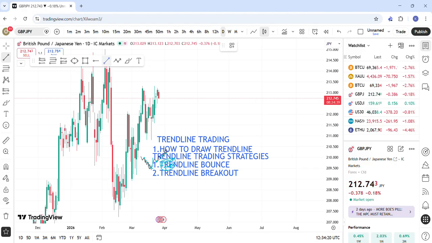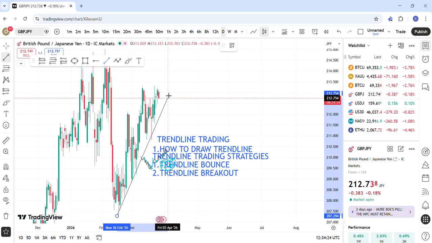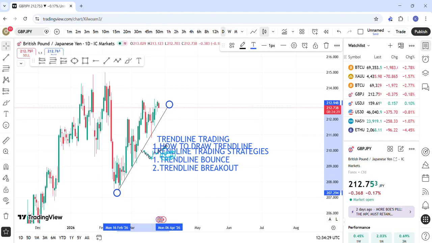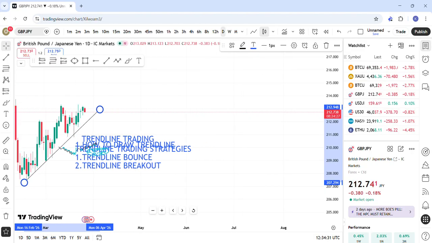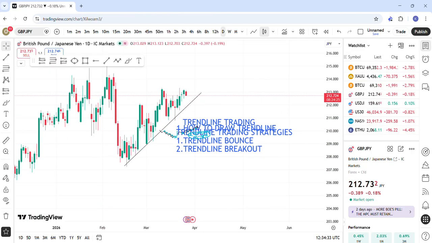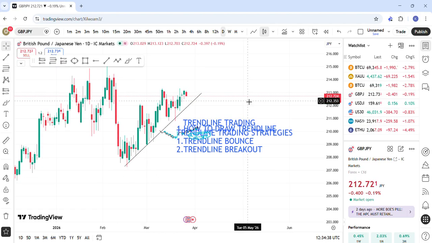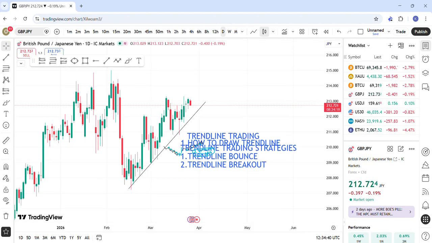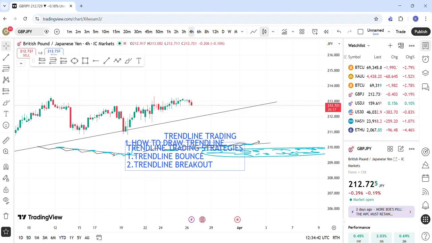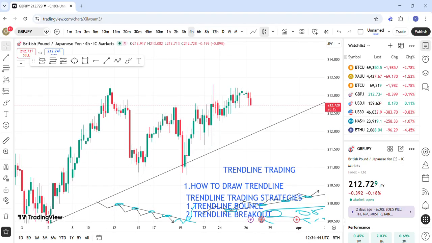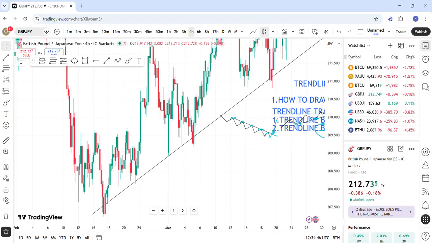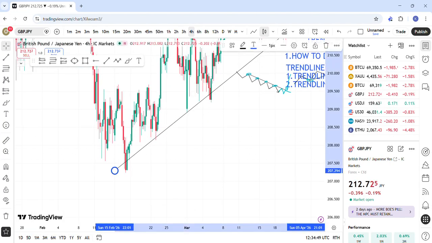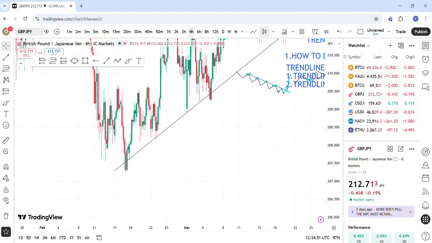If you notice, price has been in an uptrend. Good for our time frame. So you can see it very, very clearly. This is a clear uptrend.